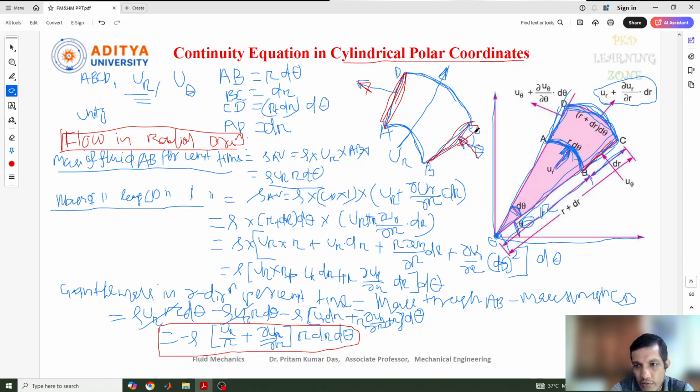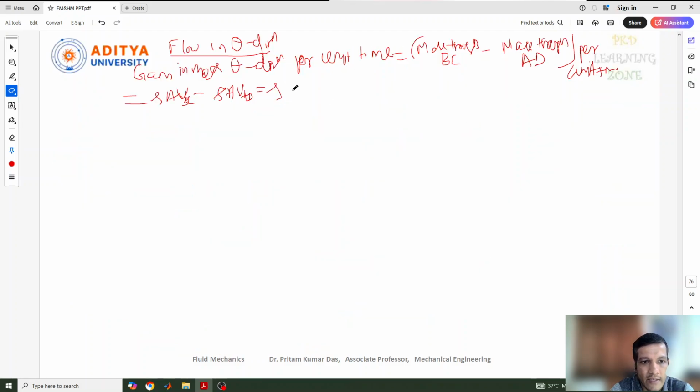The length of this object is dr, and the unit thickness of the fluid element, so the area is dr into 1. The velocity at this surface is the tangential velocity u theta. So this is the mass through BC.